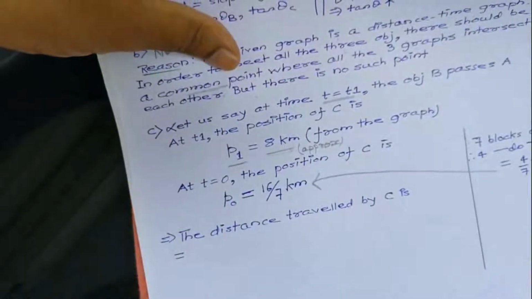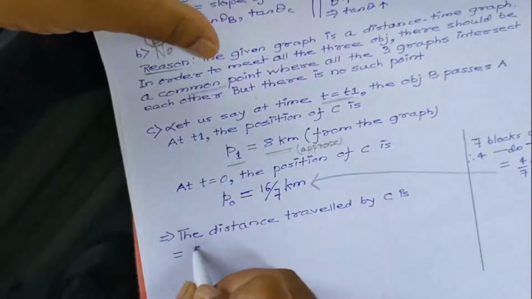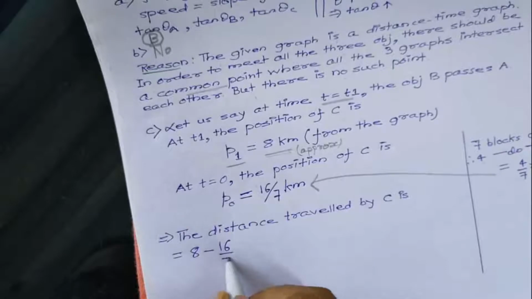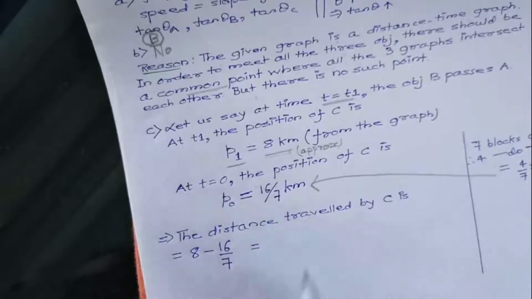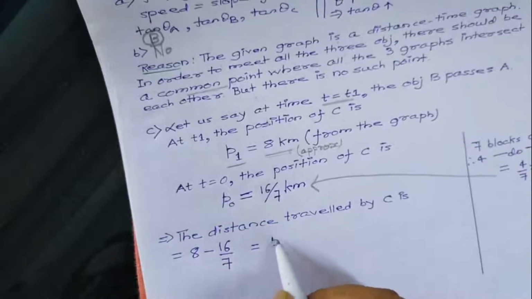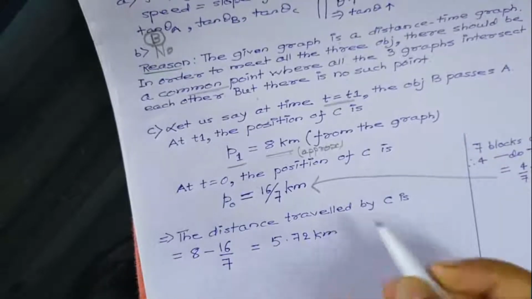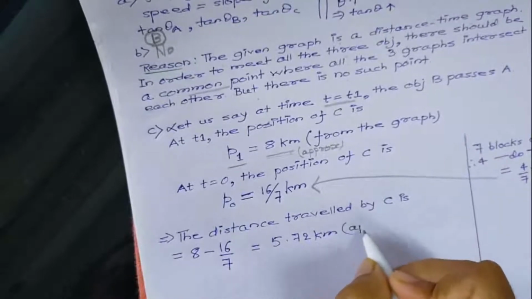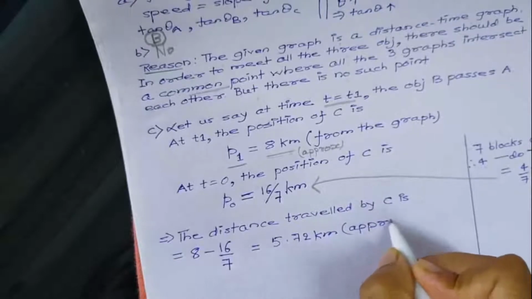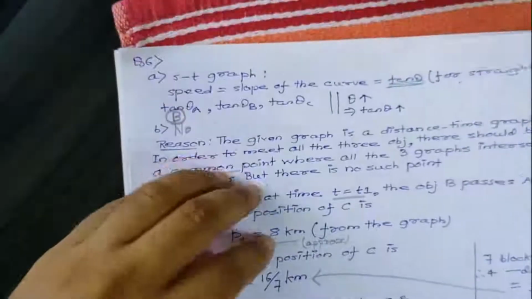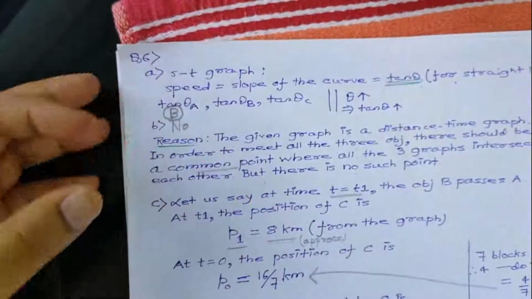So the distance traveled is how much? 8 minus 16 by 7. If you calculate it, it will come out to be 5.72 kilometer approximately. Again, put the word approx. This is the best word to get you saved in your exams.